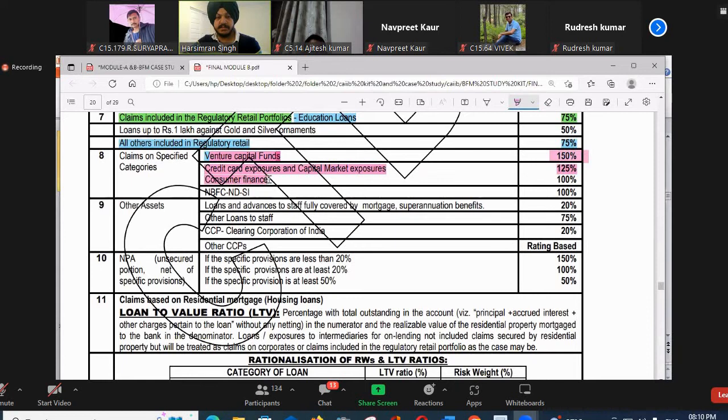Consumer finance, 100% risk. Loans and advances which are given to the staff, which are covered by way of mortgage or your retirement benefits, they're 20% risky. Other staff loans, 75% risky. Okay.